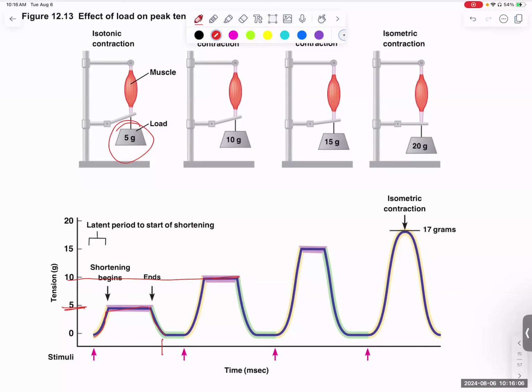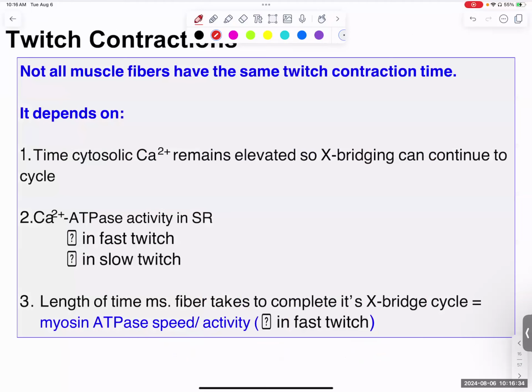And you'll notice that this period is going to get a little longer when the load increases. So like 15, we have to produce 15. And the latent period gets longer as the weight gets heavier. At 20 grams, though, we can't move it. So it becomes an isometric contraction because there's not going to be any shortening. The load is too heavy.